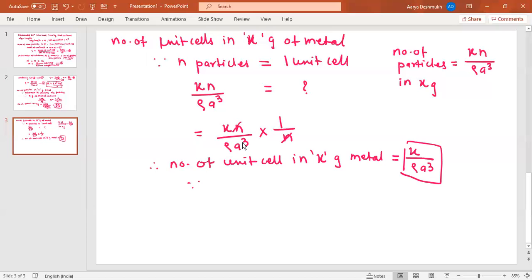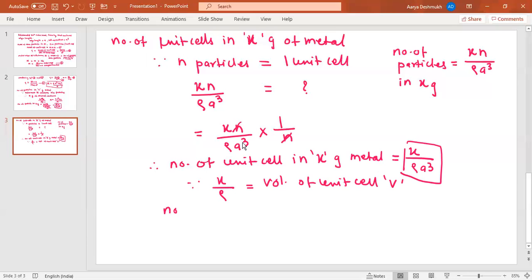Now this x upon rho is nothing but the volume of unit cell, which is denoted by V, isn't it?